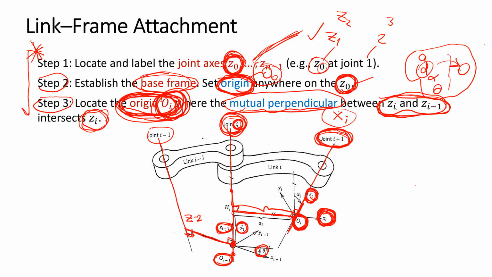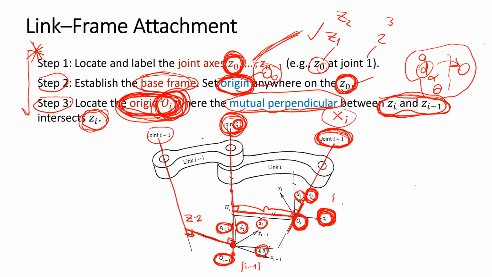Then we translate in the x-axis with the distance a. Then we rotate the frame with the twist alpha from the frame i-1 to the frame i.